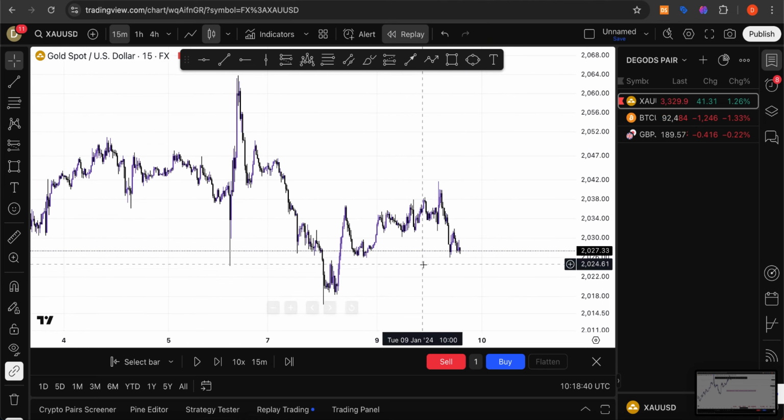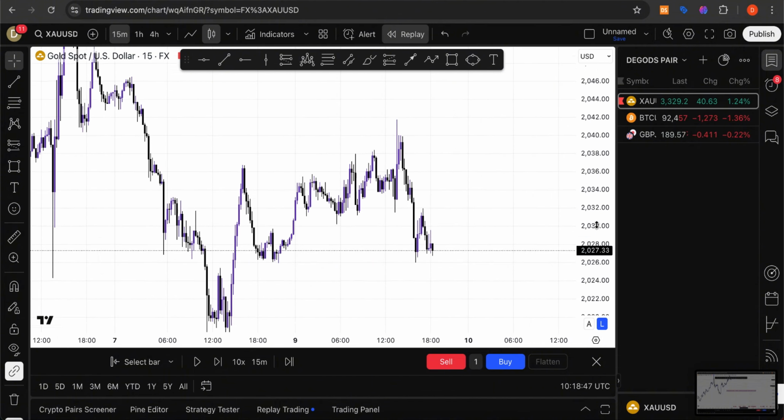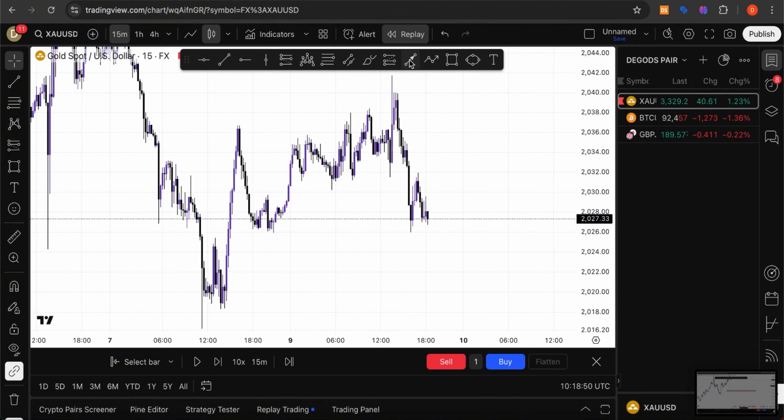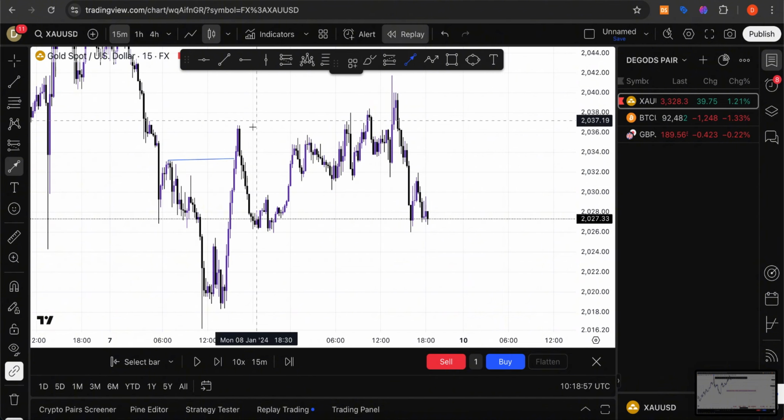This is obviously a break of structure. This is a break of structure. This is another break of structure.